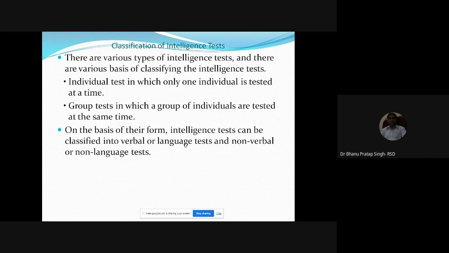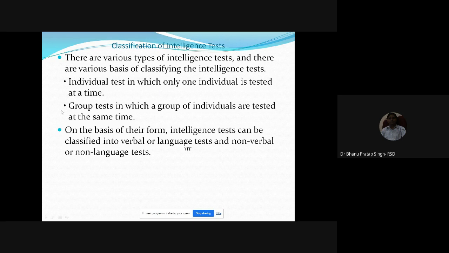Next is tests. If we talk about what kind of tests, intelligence tests, there are so many tests available to measure the intelligence.